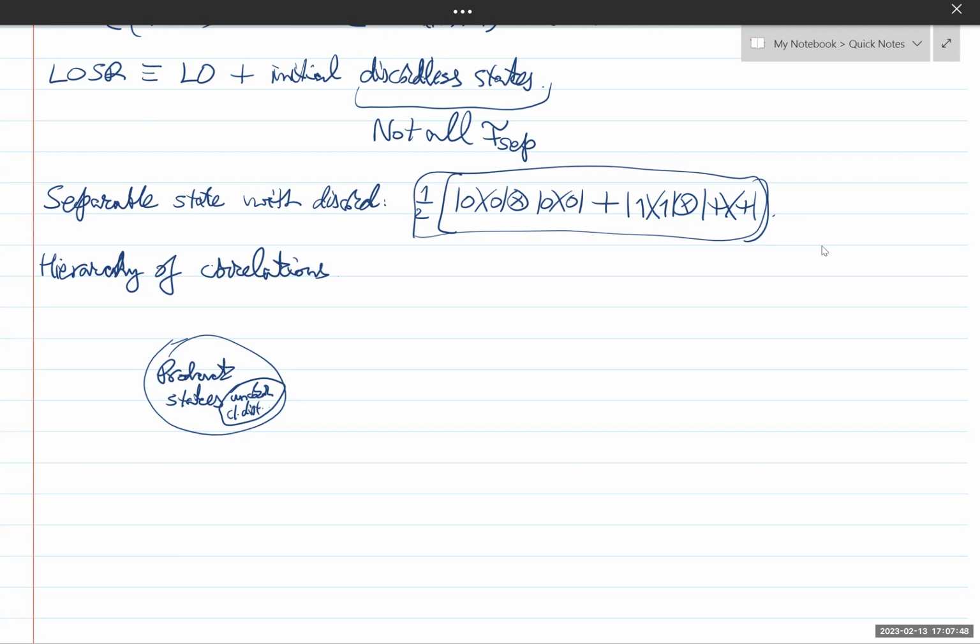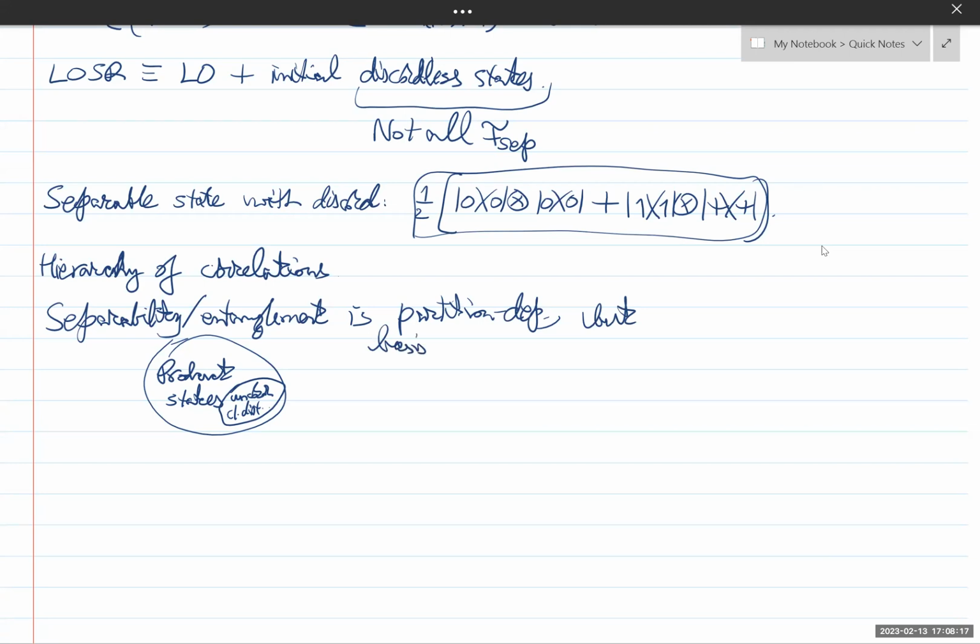Actually, no. That's the great thing about the definition of entanglement and separability, that separability or entanglement is partition dependent, for sure. Yeah. With separability and entanglement, I agree. I'm talking about the little ball that you drew inside the product states. Right.